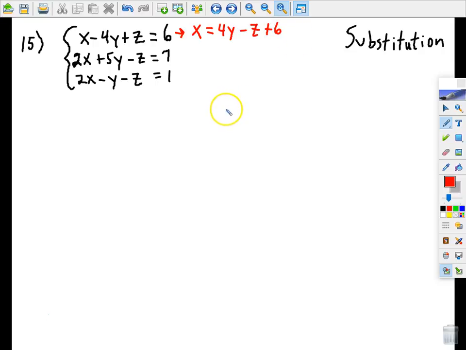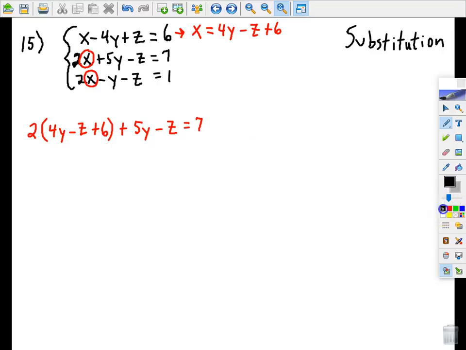So I just solved for x in the top equation, and now I'm going to replace the x in equations 2 and 3. So that'll look like this. 2 times our new x, 4y, minus z, plus 6, plus 5y, minus z, equals 7.